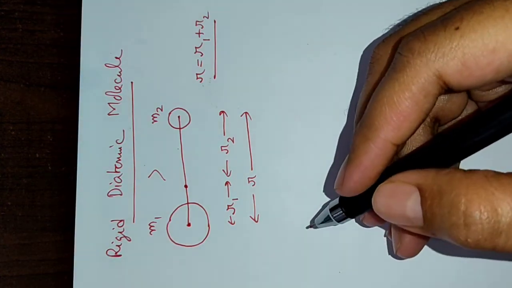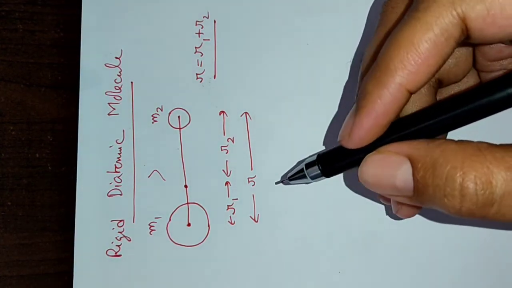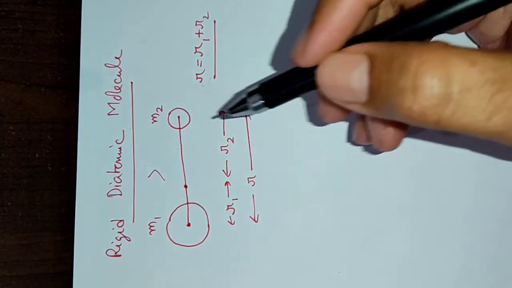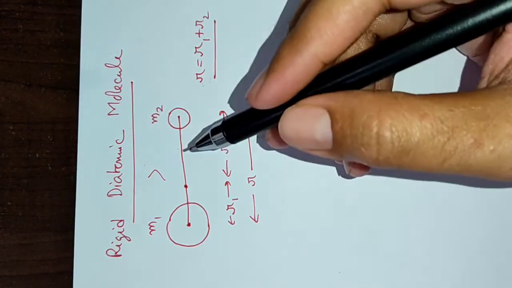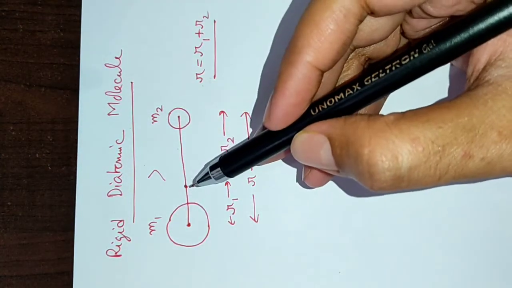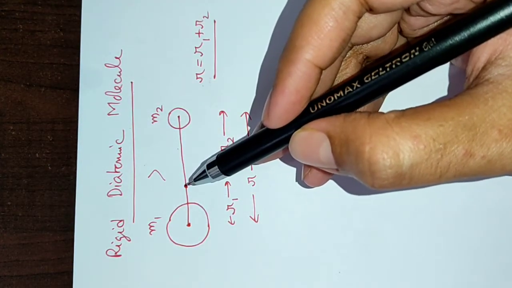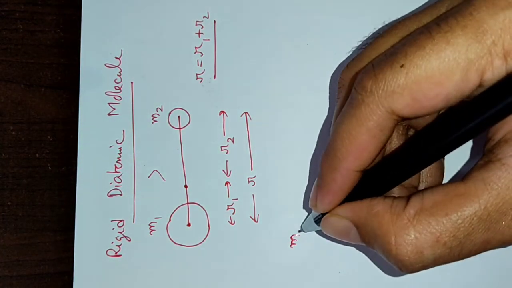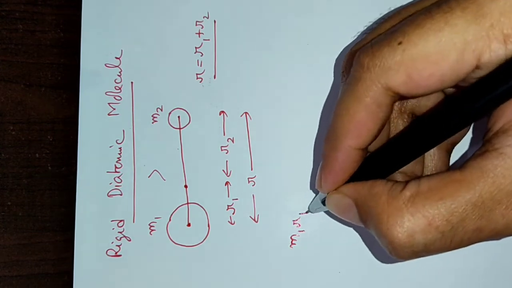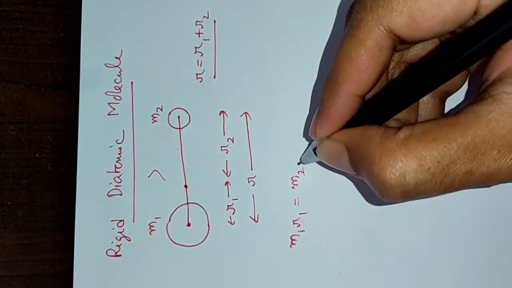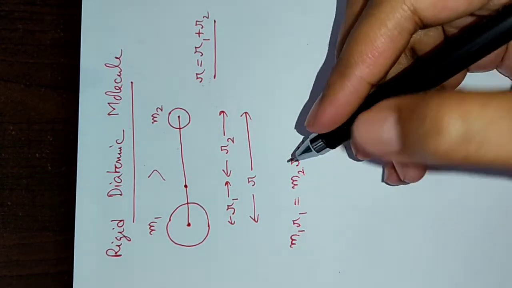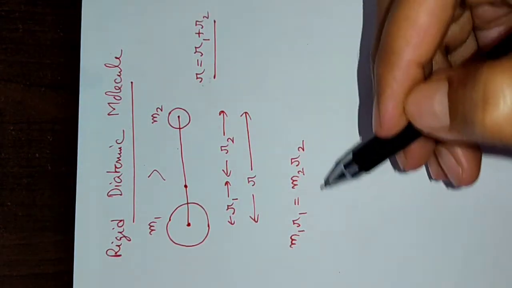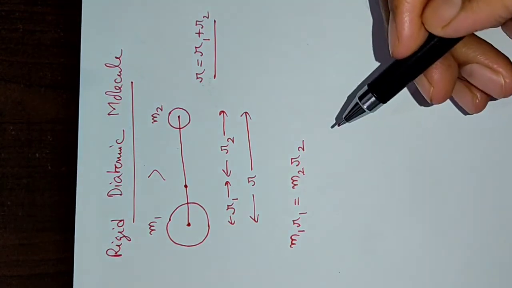Now when the molecule executes end over end rotation, we have studied the rotation types for a linear molecule, around the center of gravity, then we have the balancing equation of the moment, that is m1 r1 equals m2 r2. This is actually the definition of the position of the center of gravity. It is identified by this balancing equation.